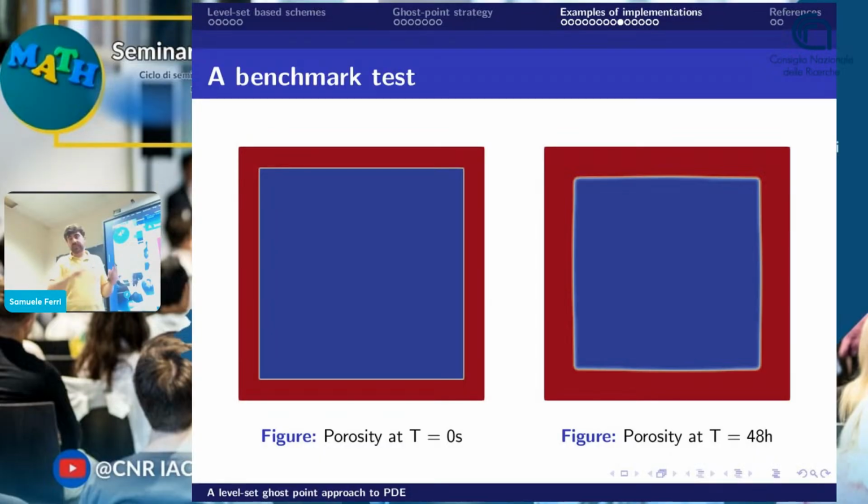I just want to remark that this is a benchmark test because we use a very high value of K, since the exchange rate in general is a very small constant, around 10 to the power of -3, so it is very slow. For this experiment, we use 100, which is very, very big. That's why we can see this evolution in a very short time.